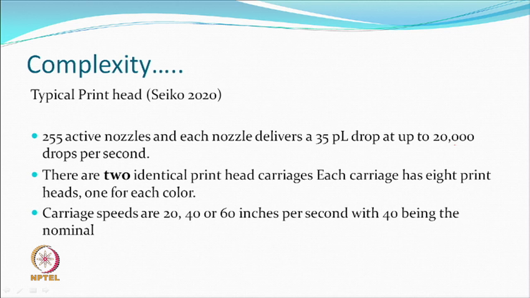There can be identical print head carriages. So, instead of one carriage you can have 2 carriages, and each carriage can have 8 print heads, one for each color. So, if you are looking at an 8 color system, you have so many print heads available, and then this carriage moves.